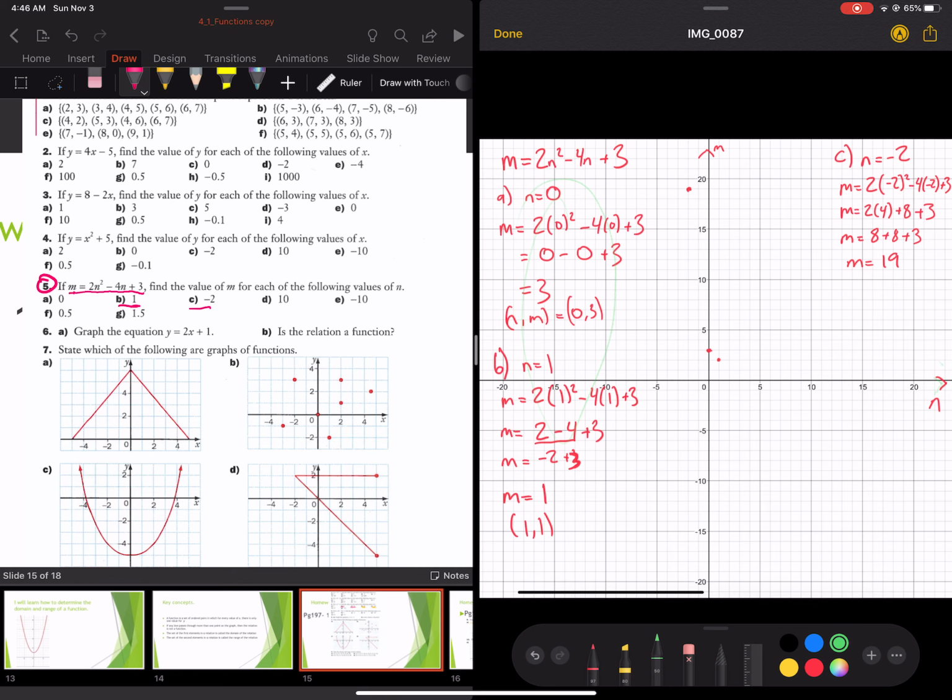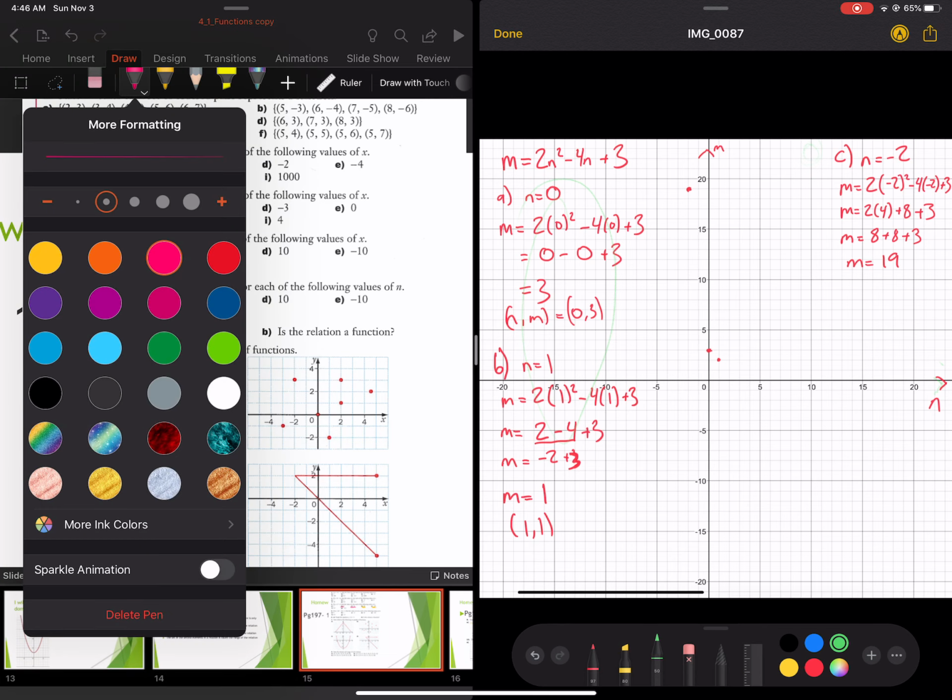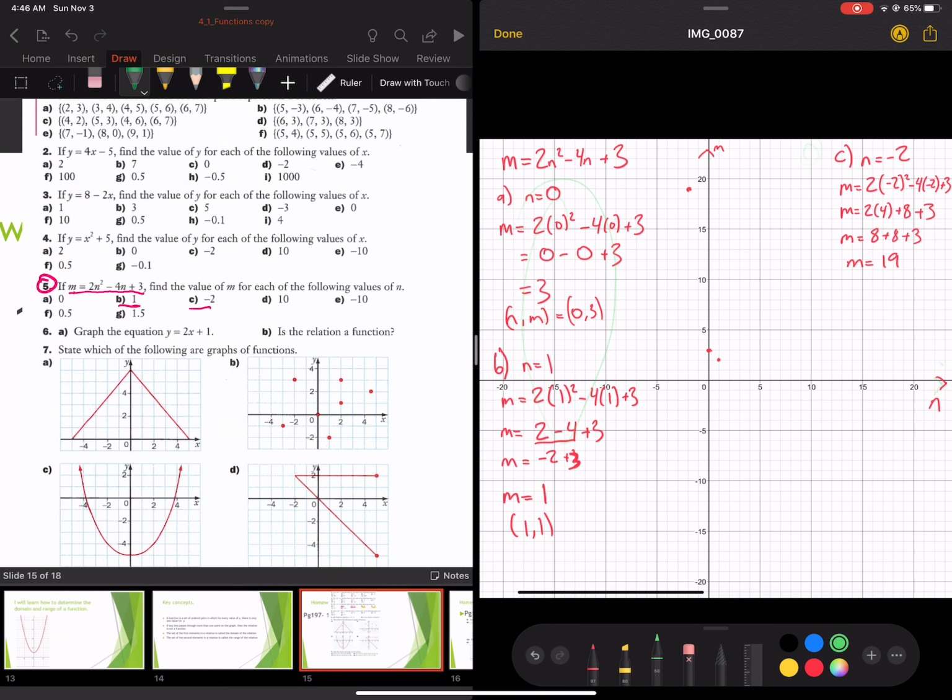We'll do the decimals this time, because a lot of you need help working on decimals, and I don't want you to skip it. Okay, 0.5, which is equal to half. So let's do that. D, n equals 0.5 or 1 over 2. I'm going to use the fraction.